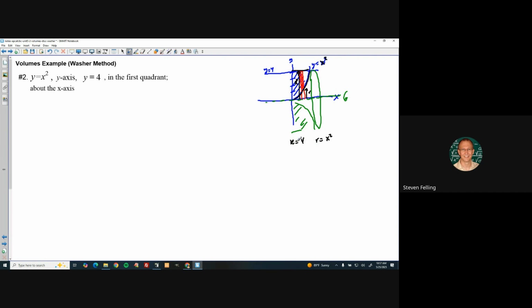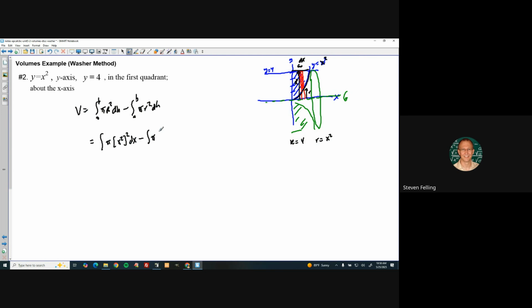So now I've got a radius to the edge of the rectangle, a radius to the edge of the hole, and now I can say, oh, I've got the washer case, so I've got two integrals. An integral from a to b of pi big R squared dh minus pi little r squared dh. We know that this rectangle is in the x direction, like that little opening. So that means this volume is going to be an integral of pi, and then this is dx.